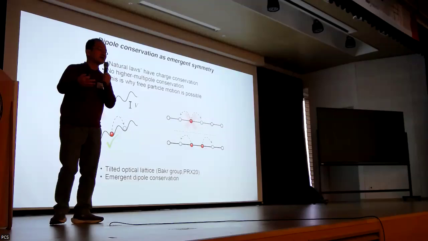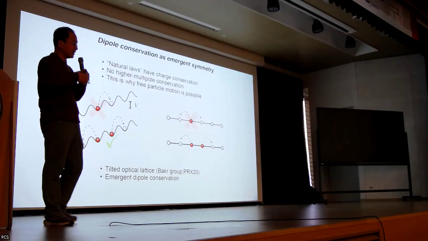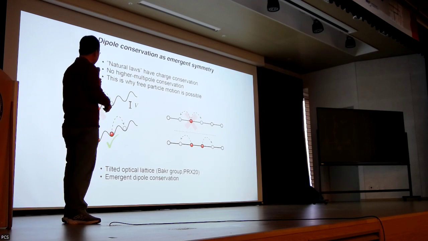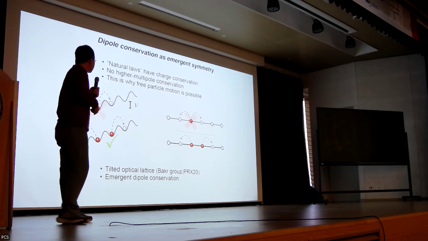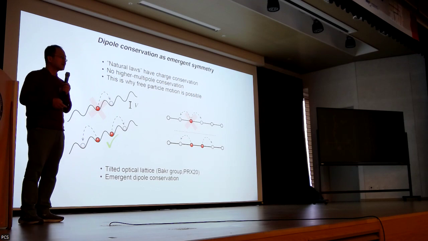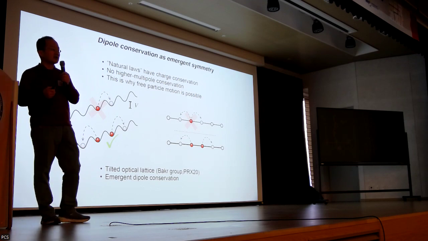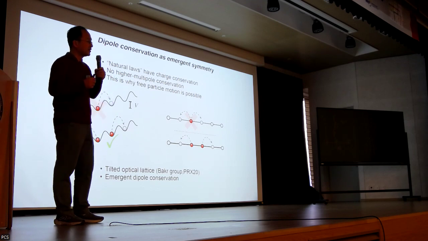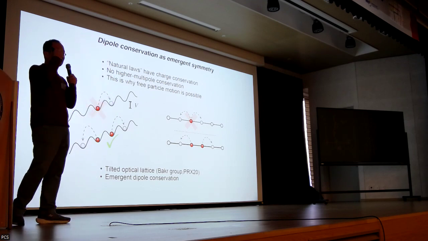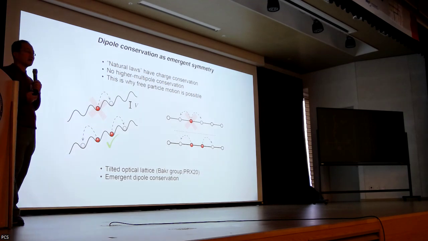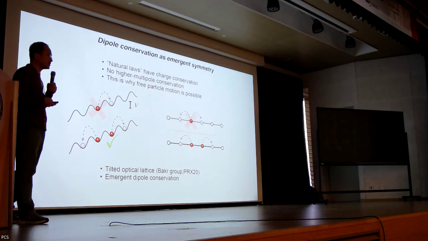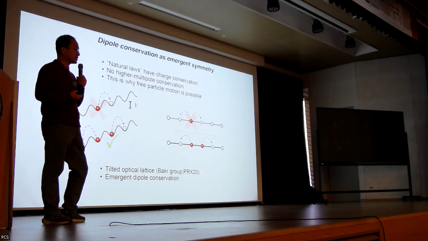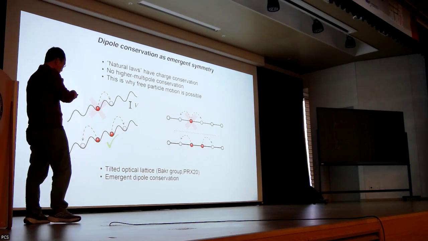It's not built into the natural laws, but in some cleverly designed artificial systems, you can get this as a symmetry. And an interesting consequence of this symmetry is that, of course, free particle motion is now impossible. You have to move the particles in a collective way, conserving the center of mass momentum, or conserving total dipole moment, which are the same thing.